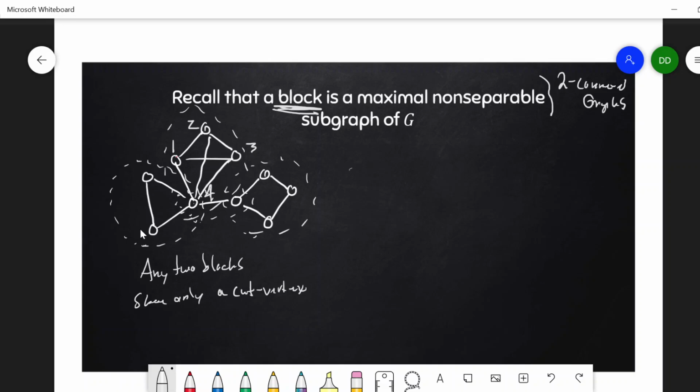So I could color this, say, 3 and 2. And over here, I could color this 3. And then I can move on to this other block, and I just have to give a 4 coloring where this vertex is colored 3. And so there's always a way to do that. Given any coloring, I can just change my color classes, exchange color classes.